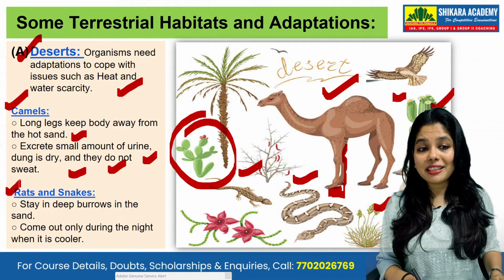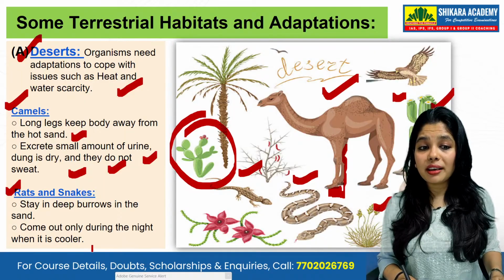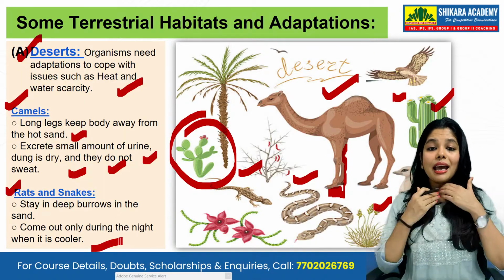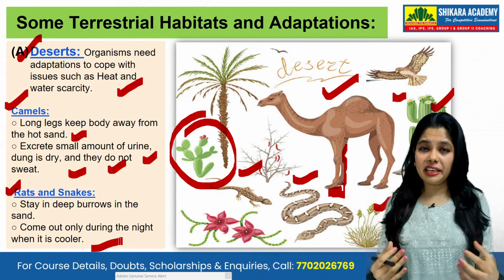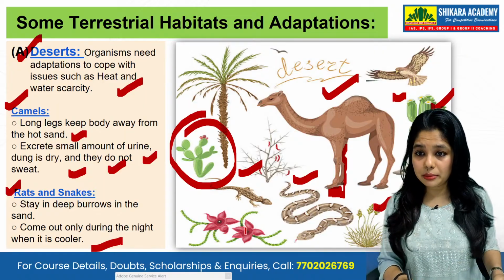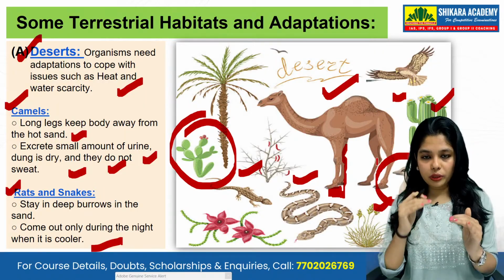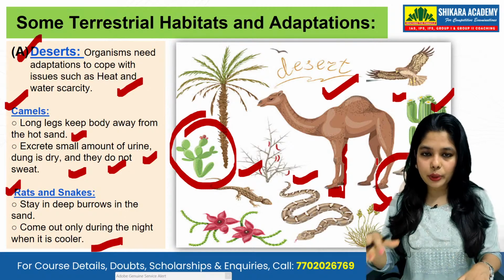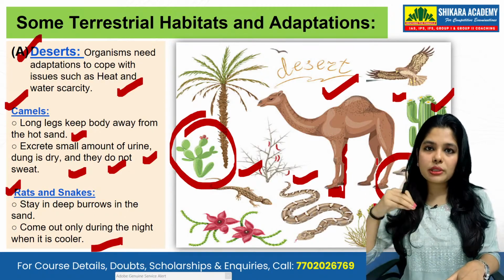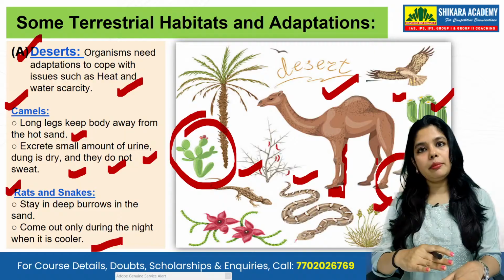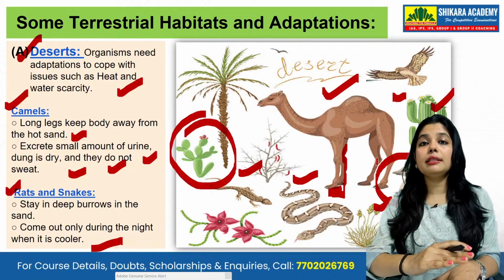Then we have rats and snakes. They stay in deep burrows in the sand and come out only during the night when it is colder. So these animals, like your lizards and snakes and rats, are burrow animals. What they do is they make small burrows in the sand and keep themselves inside the burrow.